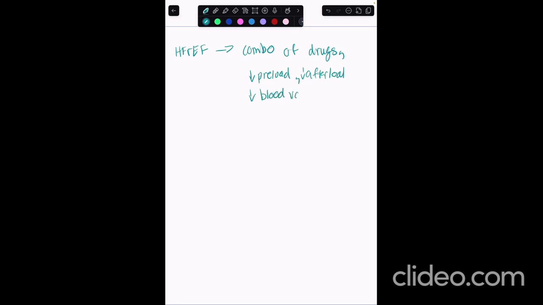All of these things help put less strain on the heart, so the heart isn't working as much.